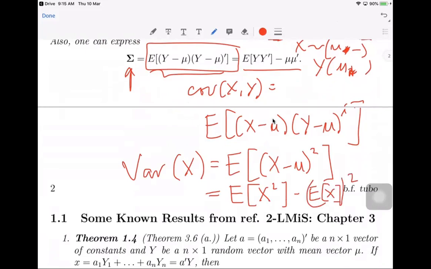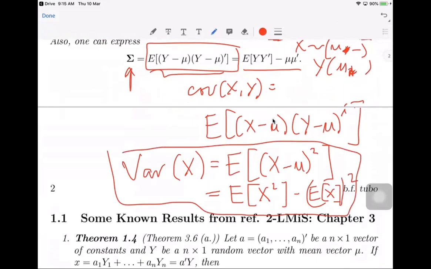This is familiar to you in the univariate case. Observe that in the multivariate case, the square here becomes a prime. So the variance of x is the expectation of x minus mu times x minus mu prime.